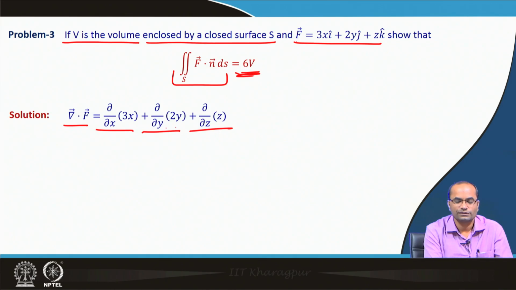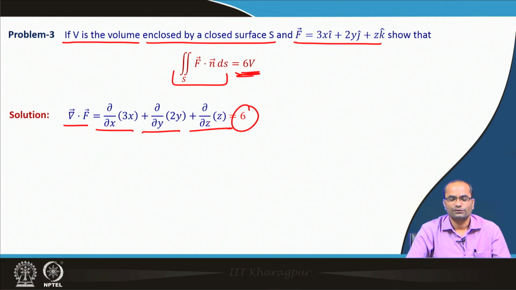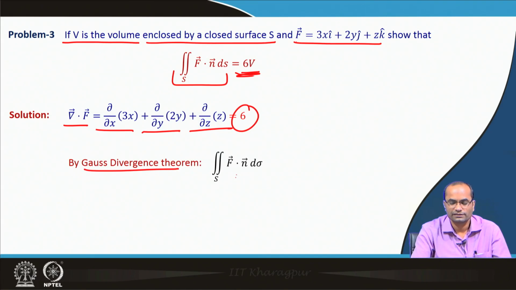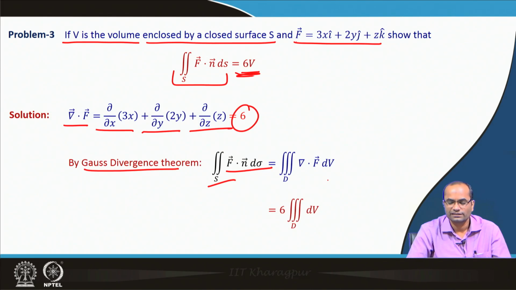So, the divergence of this 3x, 2y and z is nothing but 3 plus 2 plus 1. So, that is 6 here, and if we apply the divergence theorem now, the Gauss divergence theorem says that F dot n over the sigma, which is just 6 here, and this volume integral, which is the volume enclosed by this surface S. So, we will get 6 times the volume.